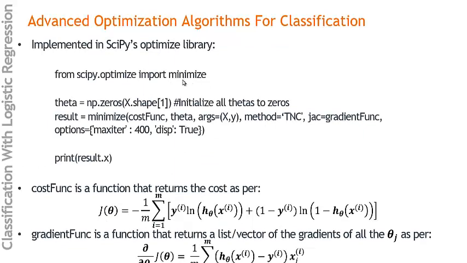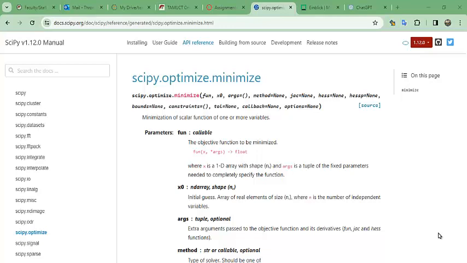You'll be using the minimize function within the optimize package of SciPy. Now for all these packages within SciPy, you can find documentation online within the SciPy manual, and you can also find code examples online. And this explains the different arguments in the minimize call.